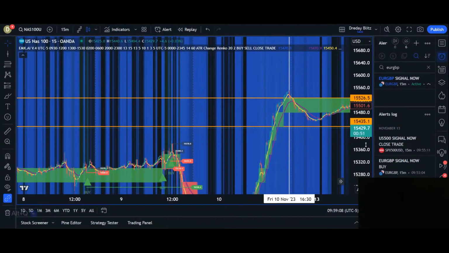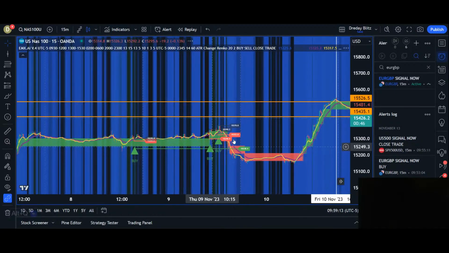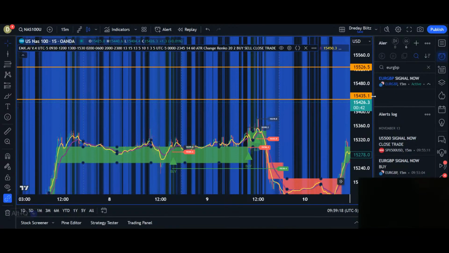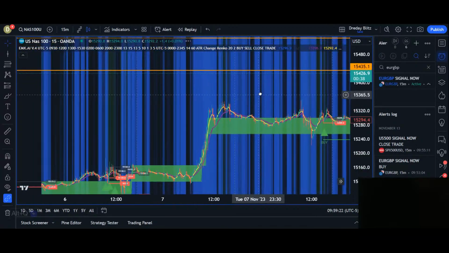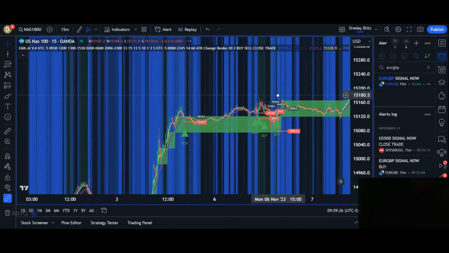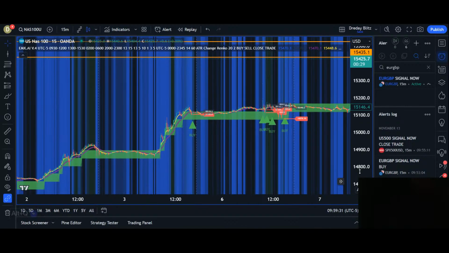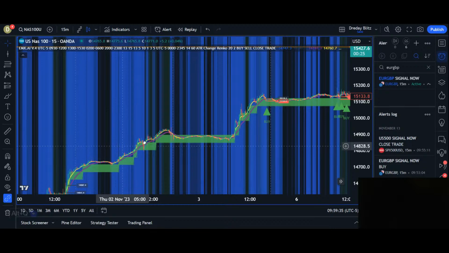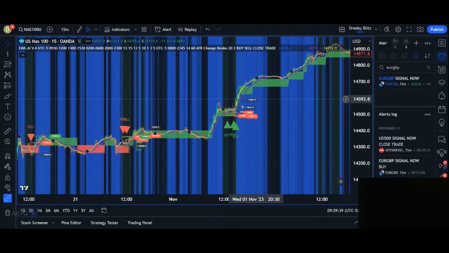Meaning that if you don't want to receive those buy or sell signals, and you only want to trade the Renko based off of the trend of the Renko, you're able to do so with some modification in the background settings. Okay, so meaning that the sell and buy will not show, but the switch alert will show.